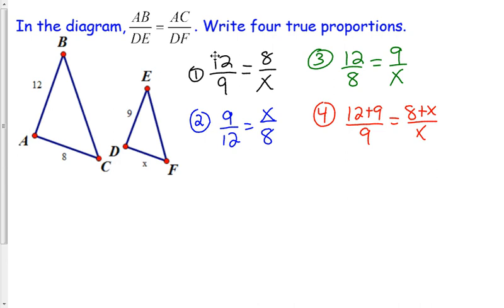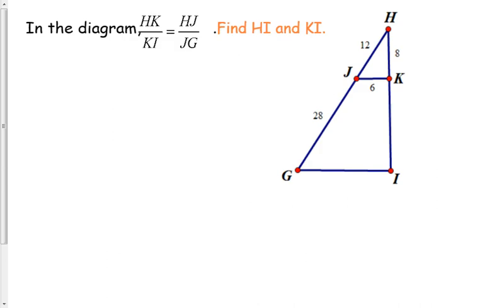To me, that shows you know where the values are coming from more than having 21 there, especially with how many numbers there are. For some of you it may be easier if you just leave it as that. And that's it. That's all you need to do for writing four true proportions.